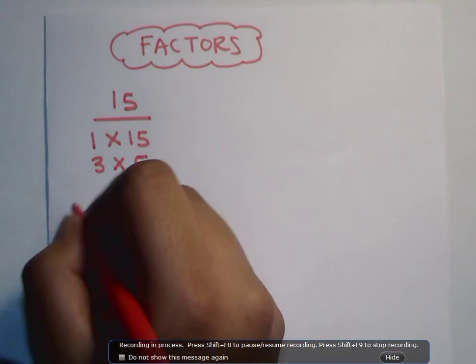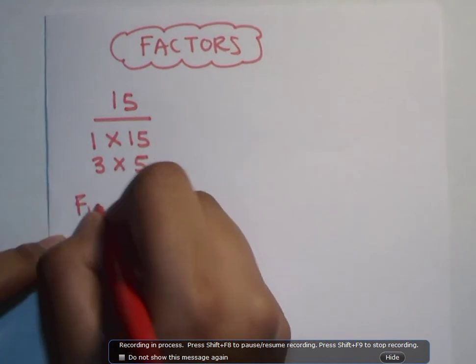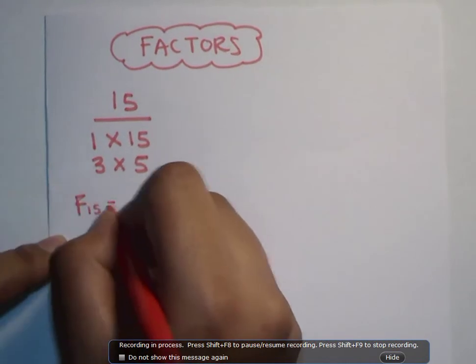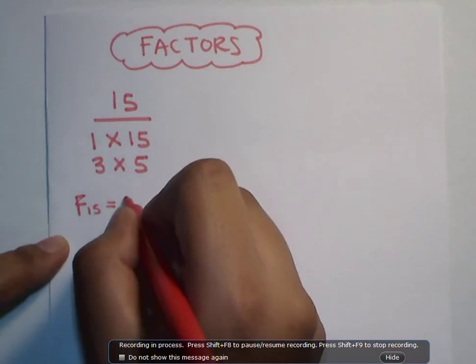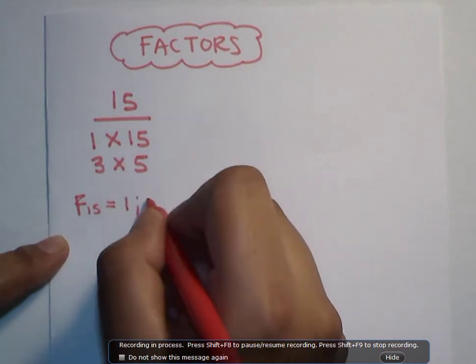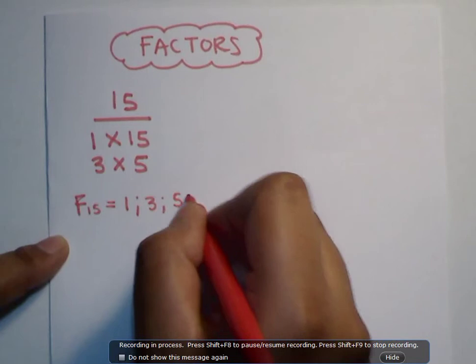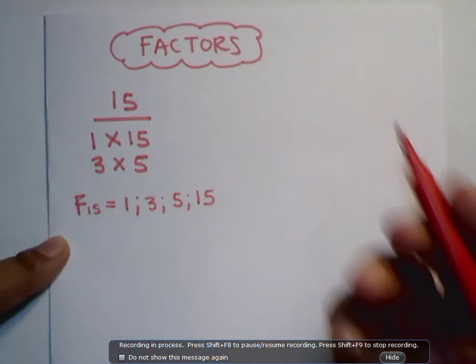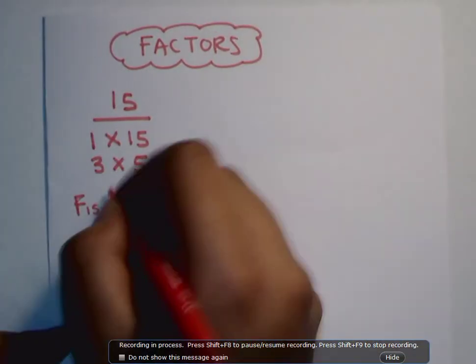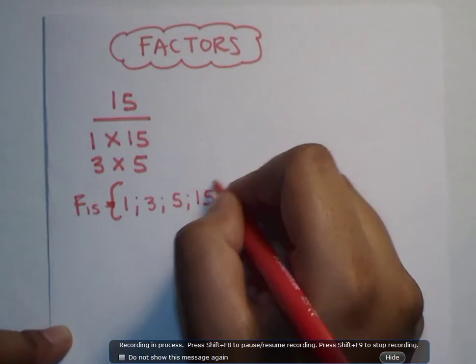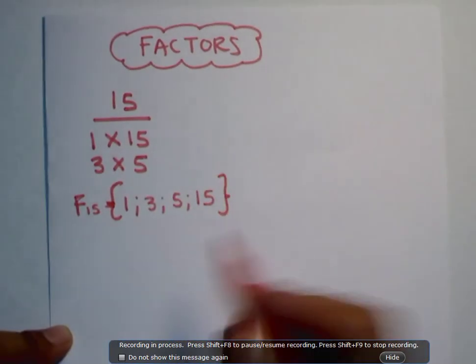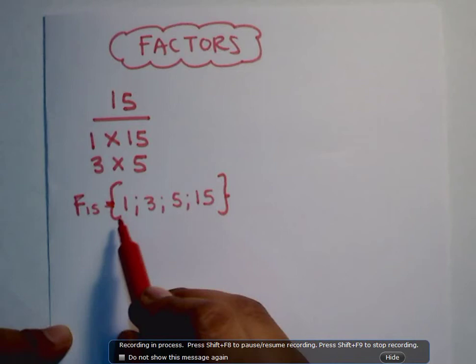So I say the factors of 15 are equal to 1, 3, 5, and 15. Another way of saying it, instead of saying equal to, I can make a curly bracket. Curly bracket means only these numbers are factors of 15.